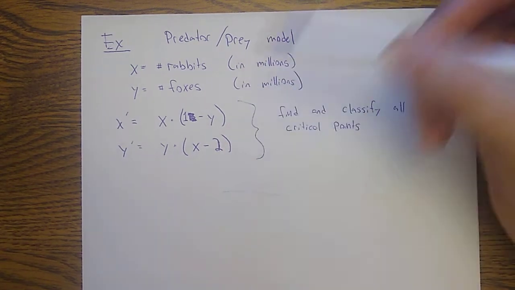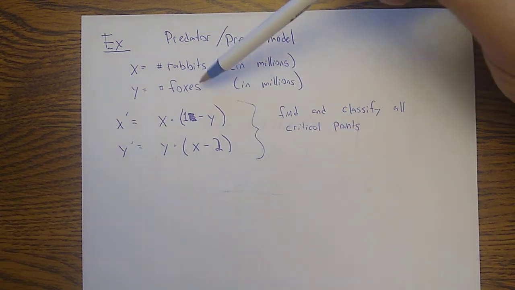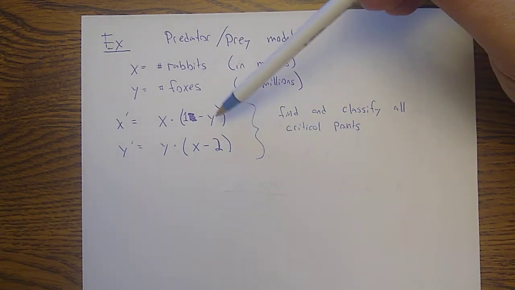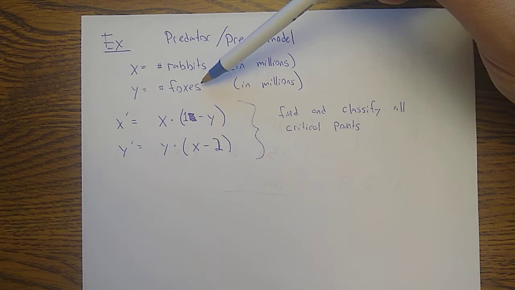So, we have the following system, and this is just given to us, but let's talk a little bit about why this is a reasonable system. Of course, foxes eat rabbits, so if there's a lot of foxes, that's bad for the rabbits, but if there's a lot of rabbits, that's good for the foxes.